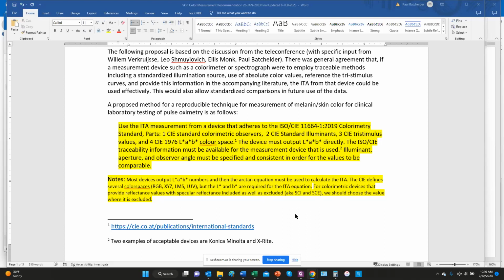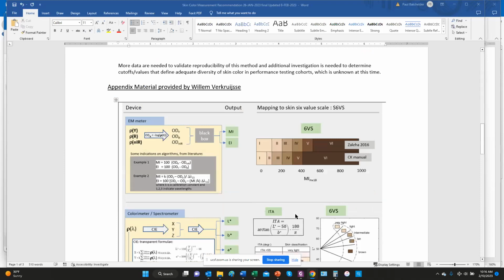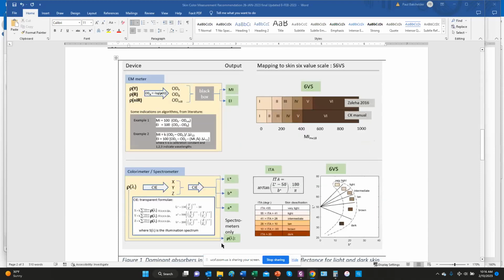And so this is the bottom line of what we came up with. This is what we're seeing here. Be happy to share this with anyone. Wim provided this information. There's the ARC10 formula, and referring to the CIE body here.